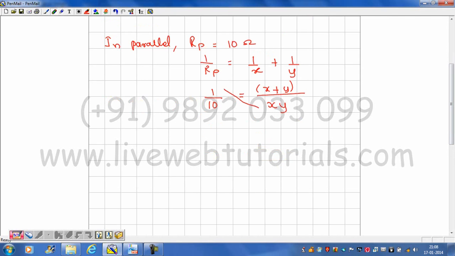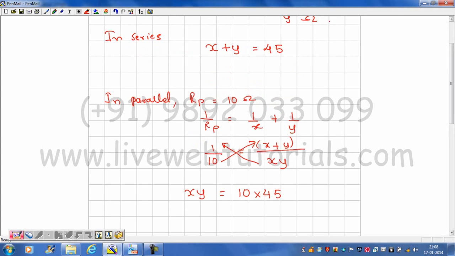This will come over here. This will come over here. So XY is equal to 10. Now you know X plus Y is 45. So directly I can write 45 over here. Okay. Now for solving this, I can write Y is equal to, if I bring this X over here, it is going to become 45 minus X.